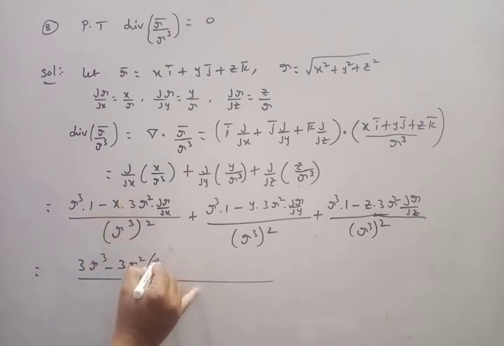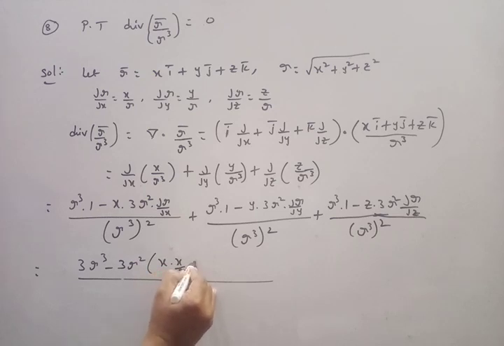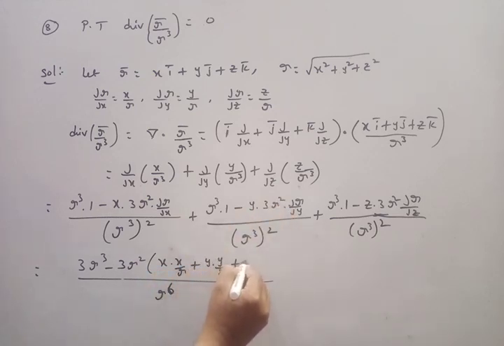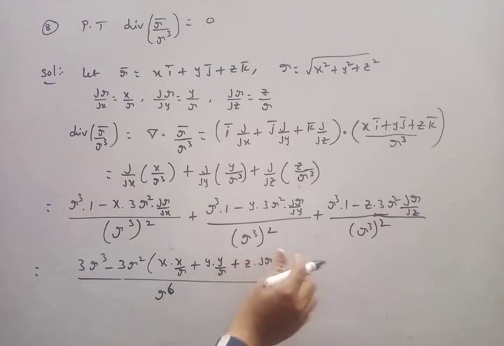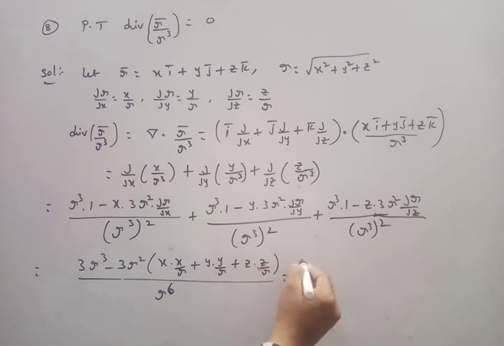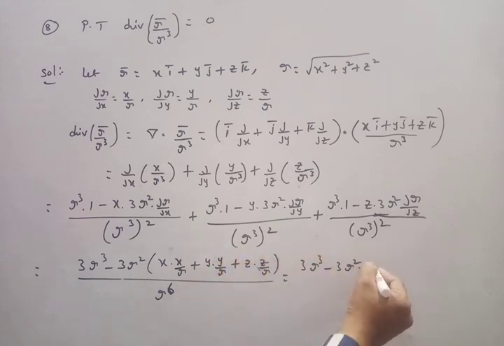So what is left here? x into dou r by dou x is x by r, plus y into dou r by dou y is y by r, z into dou r by dou z is z by r. Correct? So that means 3r cube minus 3r square, x square plus y square plus z square will give you r square, by r power 6.